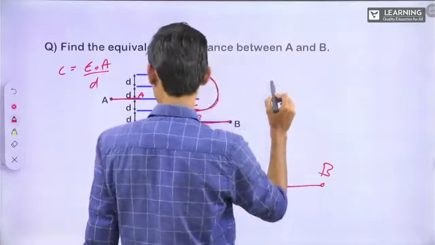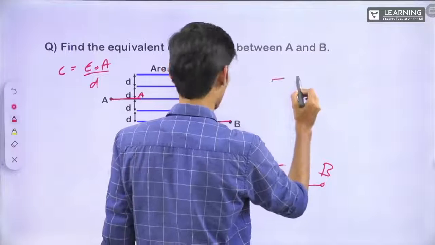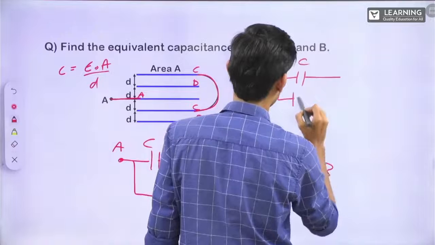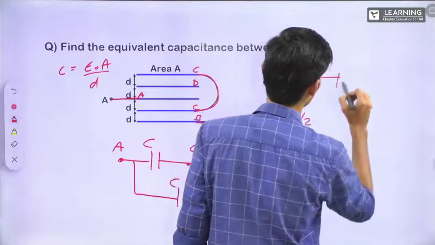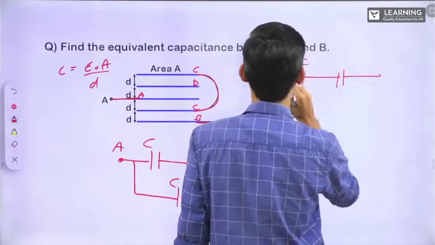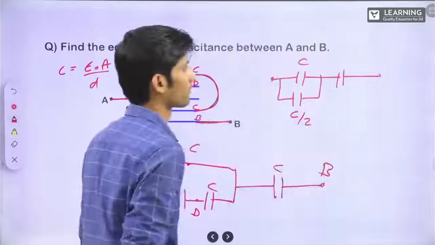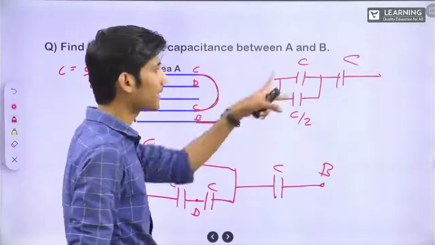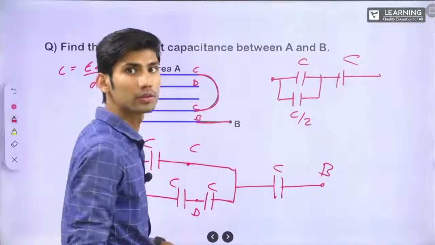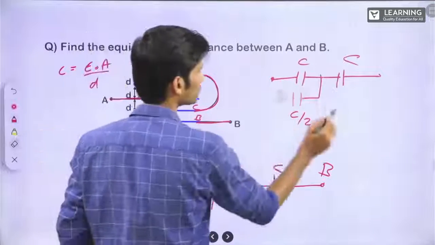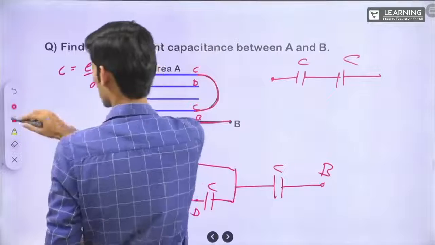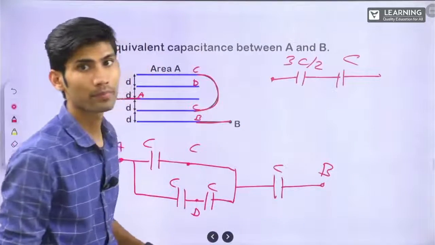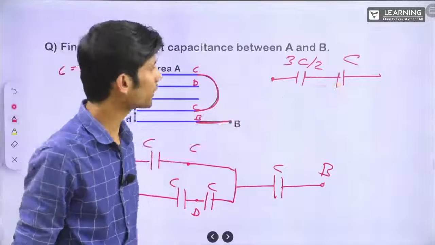This is C by 2 and C in parallel, we'll add it up. 3C by 2.